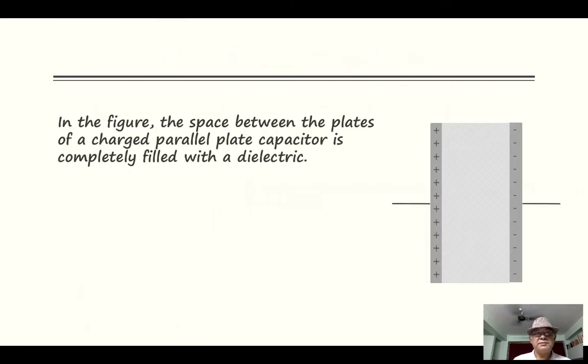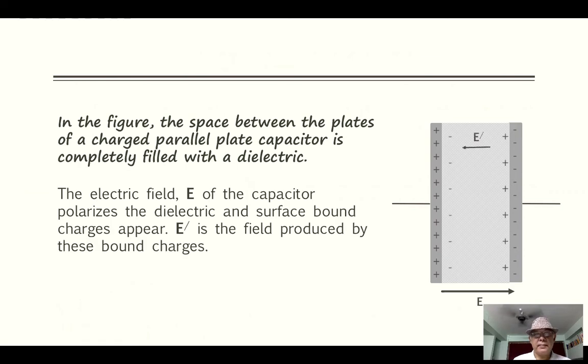In the figure, the space between the plates of a charged parallel plate capacitor is completely filled with a dielectric. The electric field E of the capacitor polarizes the dielectric and surface bound charges appear. E dash is the field produced by these bound charges.